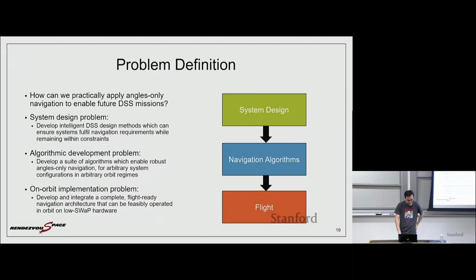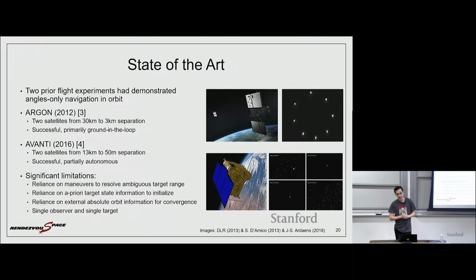So I wanted to start from the system design stage here. And in the context of the state-of-the-art, there are two prior flight experiments that have demonstrated angles-only navigation in orbit. One is Argon in 2012. This is a mission that Professor D'Amico worked on a lot, which looked at a rendezvous between two small satellites from 30 down to 3 kilometers of separation, which was primarily using ground-in-the-loop-based methods for guidance, navigation, and control.